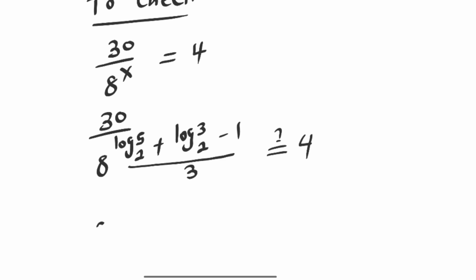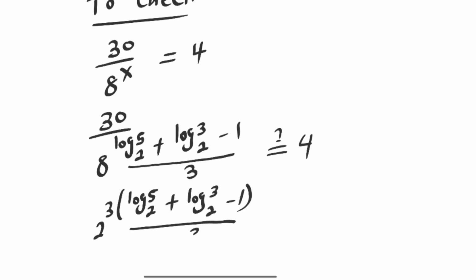8 can be written as 2 raised to power 3. This log 5 base 2 plus log 3 base 2 minus 1 over 3, that is the denominator here. Then this 3 cancels this 3.